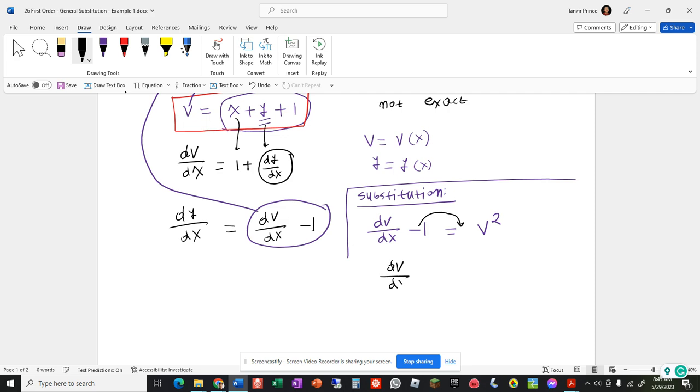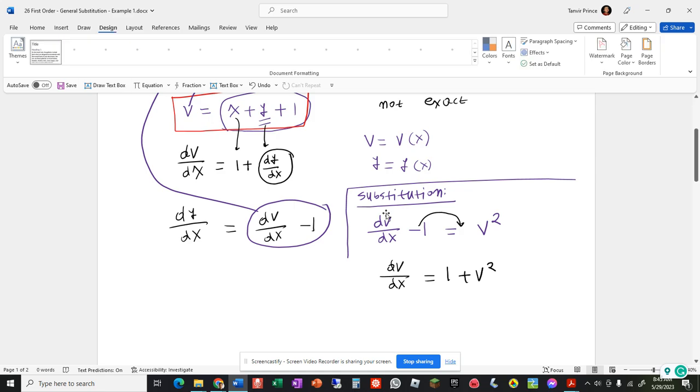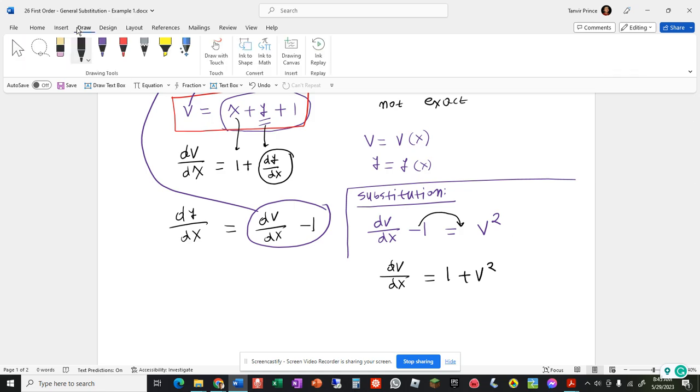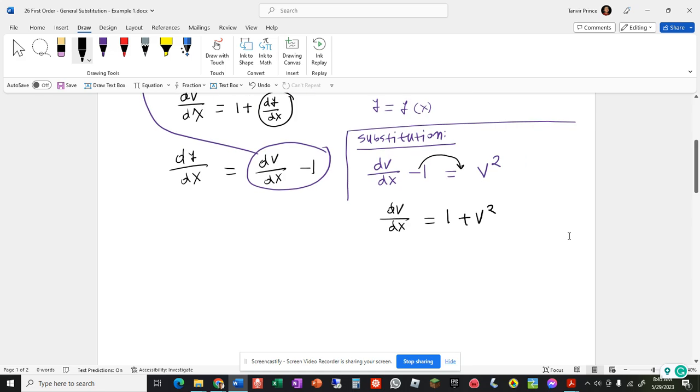So if I bring that negative 1 to the other side, indeed it is separable. So I can divide both sides by 1 plus v squared, and I can multiply both sides by dx.